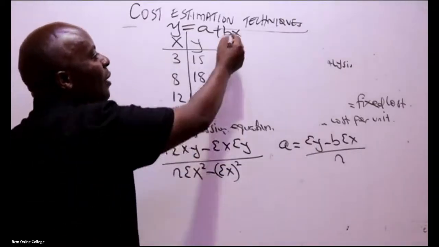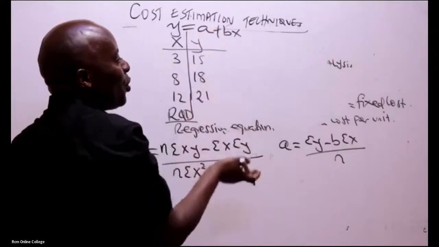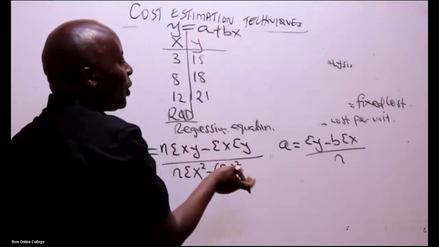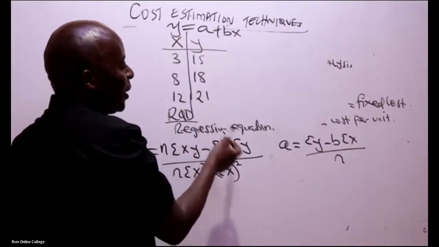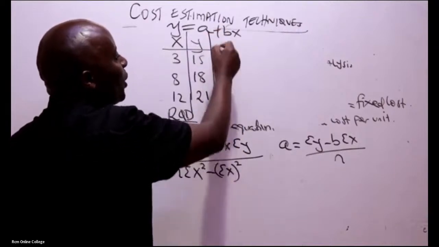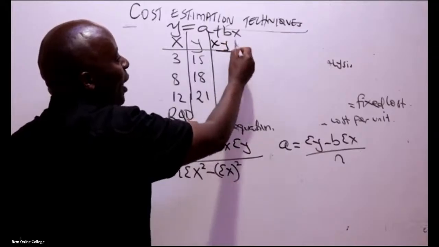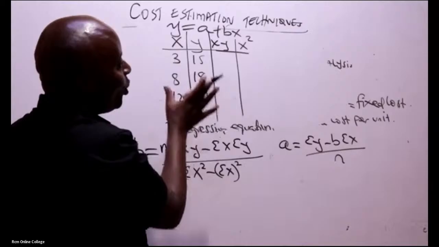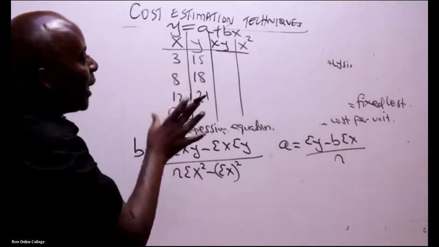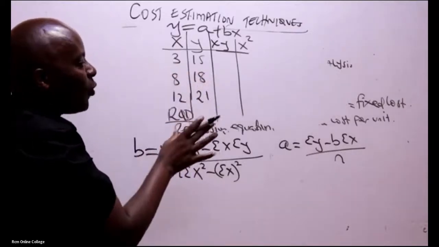So we only have one predictor, so this is a simple equation. Then, to come up with this regression equation, create a column for xy and a column for x squared. If you're doing regression, you need those two columns, a column for xy and a column for x squared.